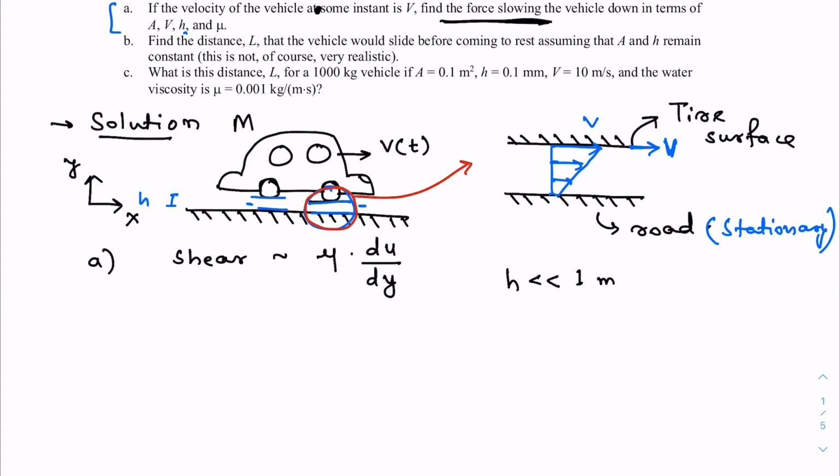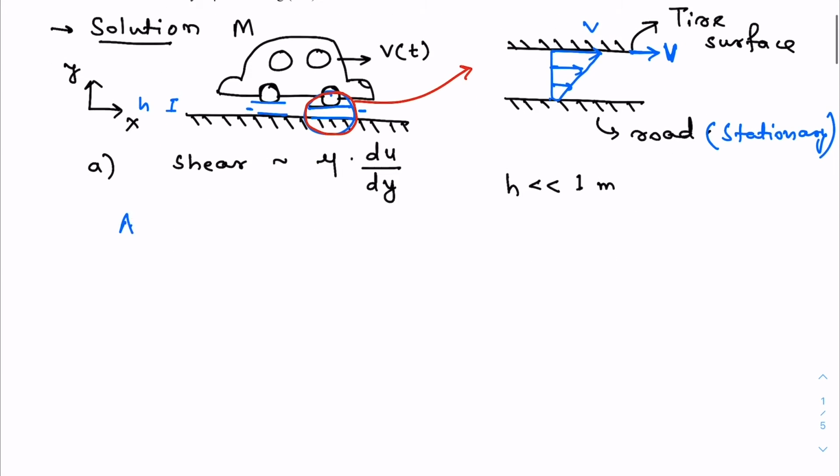So we will assume a linear velocity profile, which is a very good assumption because the film thickness h is very small.